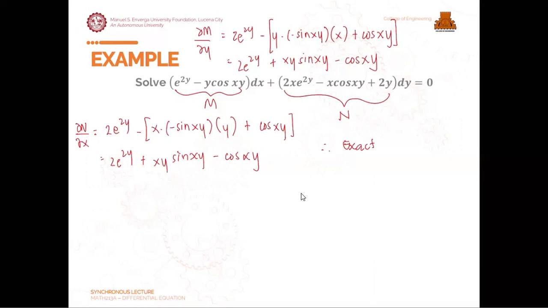Okay. Now we try to solve yung kanyang required solution. So lipat natin sa isang papel, no? So magiging kasunod natin df, first step natin is equals to integration of M dx plus phi ng y.